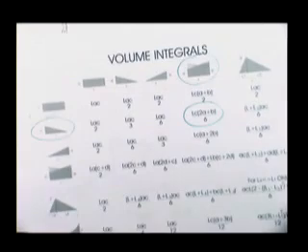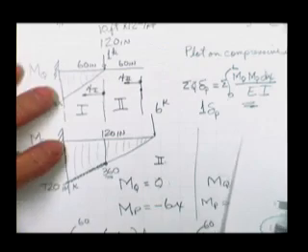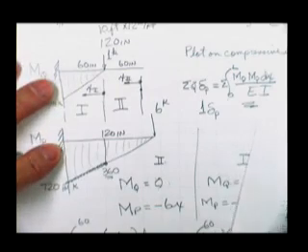All right. So what I'm looking for now is the integral of this times this, dx over EI.